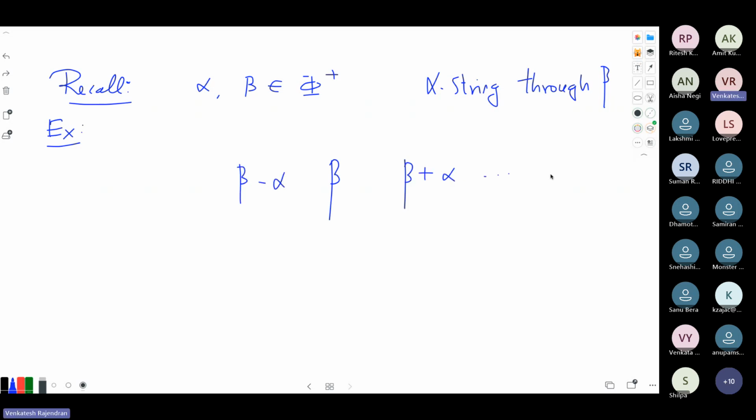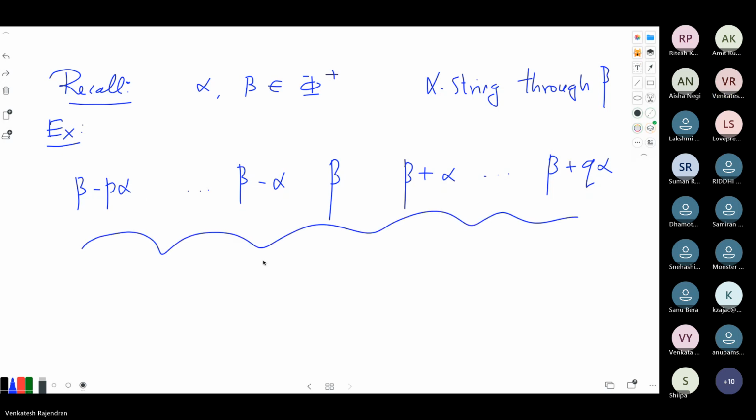You go all the way up to where you stop, and then you come down all the way to where you can stop. But the result is that this is unbroken. That means all of them are roots.